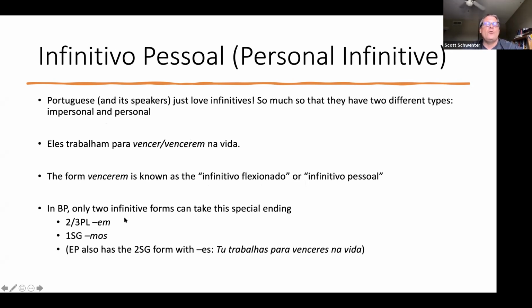And in Brazilian Portuguese, only two different forms can take this ending. So for second plural or third plural, you get this ending em, like you saw here. And for first plural, you get this ending mos, M-O-S.